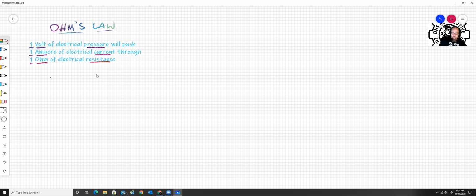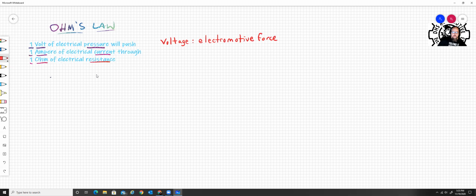Pick your idea here. So volt is pressure. We also call volt a measurement of voltage, and voltage is electromotive force.